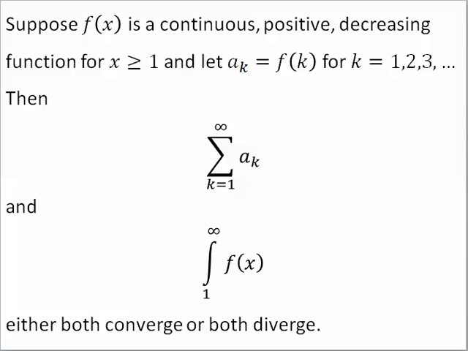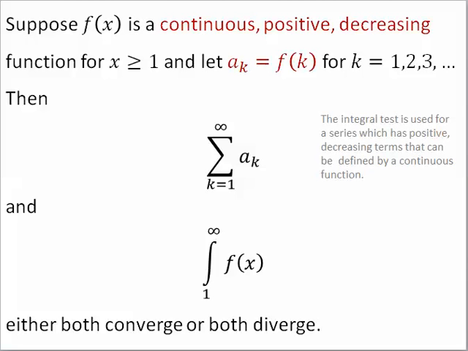Then, if we add up these a sub k's all the way out, indefinitely, then the resulting infinite series and the improper integral either both converge or both diverge. The integral test is used for an infinite series which has positive decreasing terms that can be defined by a continuous function.